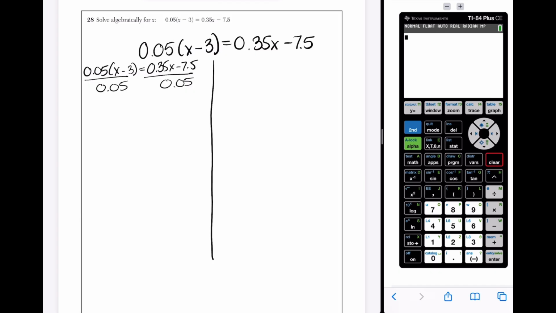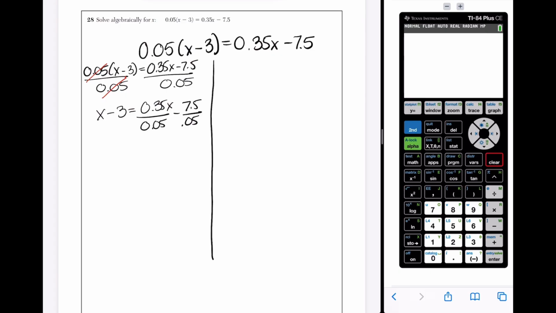So on the left side, I know these are going to cancel out, and I'm going to be left with x minus 3 is equal to 0.35x divided by 0.05 and 7.5 divided by 0.05.